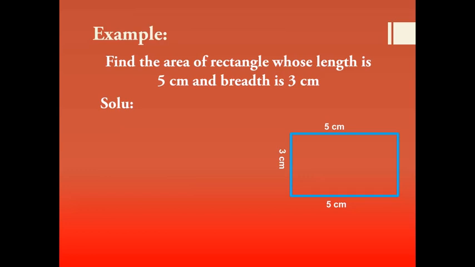Find the area of rectangle whose length is 5 cm and breadth is 3 cm. Solution. Area of rectangle is equal to length into breadth. So area is equal to 5 centimeter into 3 centimeter. 5 times 3 is 15. So area of rectangle is equal to 15 square centimeter.